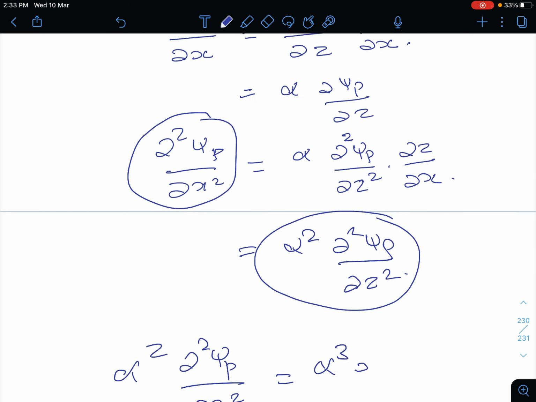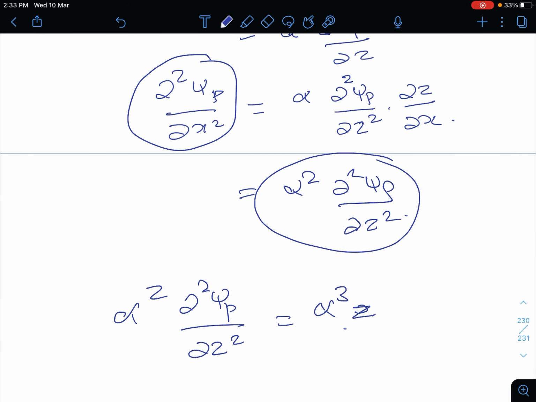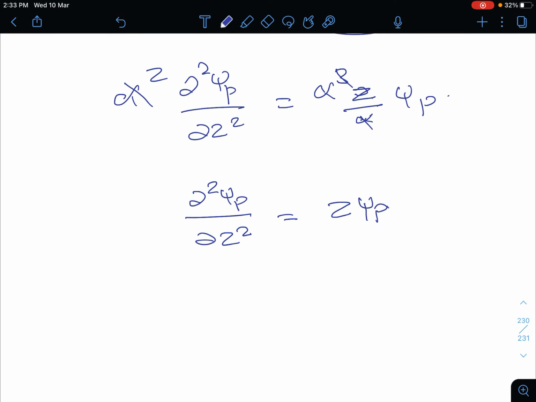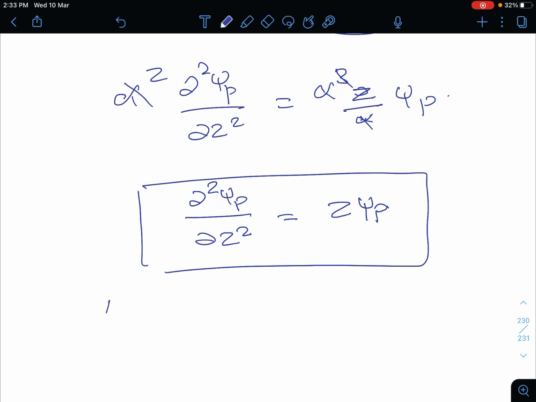X is z by alpha, so z by alpha psi p. So that is simply dou square psi p by dou z square is equal to z psi p. Good. Now this equation is called Airy's equation.